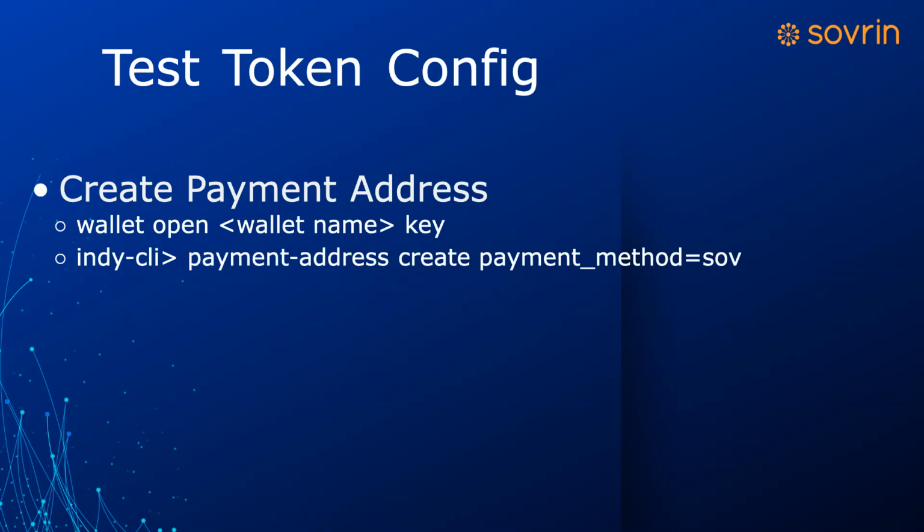If you do seed= and then 32 characters of a seed at the end of this command, then that payment address is recreatable in a different place. Now your seed is super important, because if somebody gets that seed and knows that it goes to your payment address, they can put that payment address in their own wallet and take your token, essentially. So that seed is super secret. It needs to be something you guard carefully.